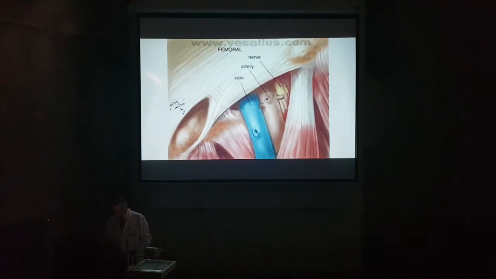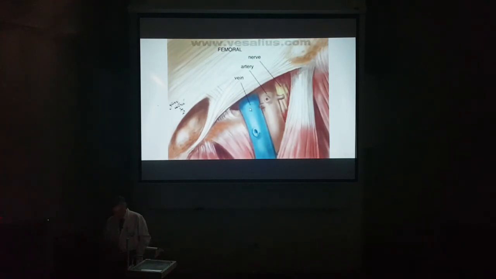Let us see where we are here. That's external oblique muscle. This triangular structure is the external opening of the inguinal canal. And this is the inguinal ligament.